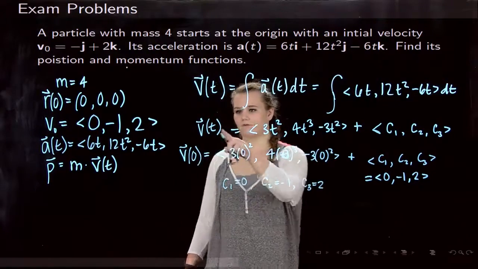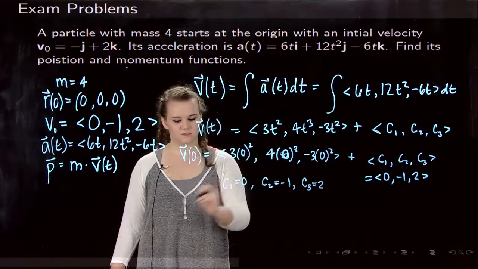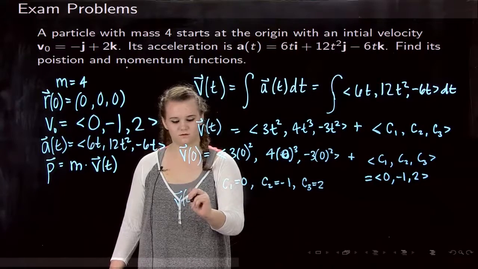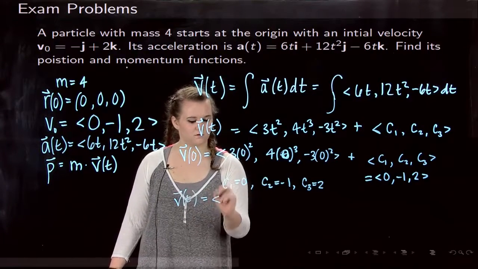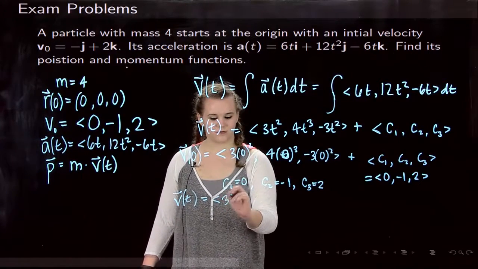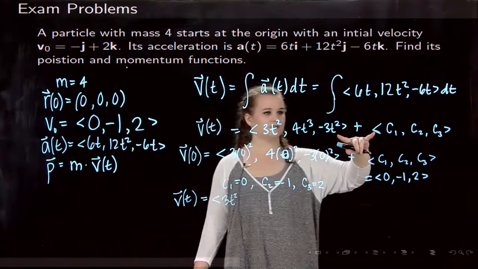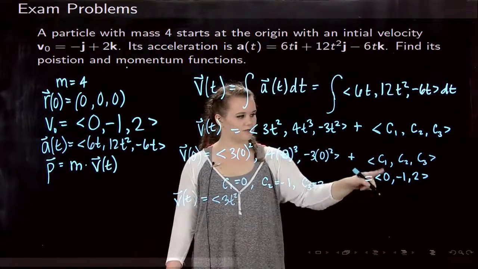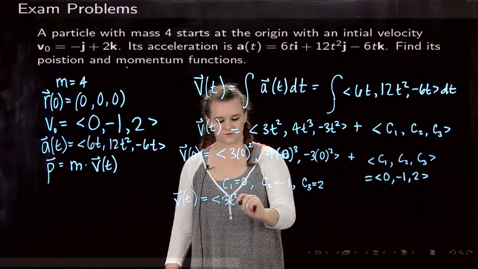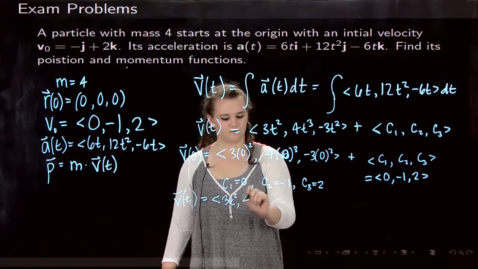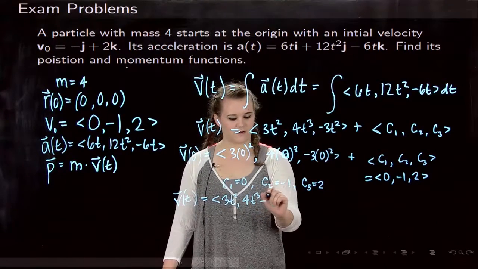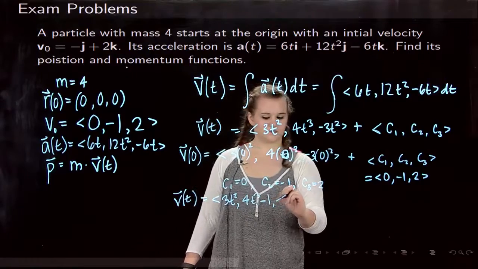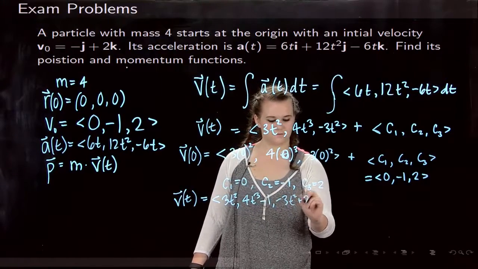Now we can rewrite our velocity function with our constants. So we have 3t squared, and I'm just going to combine these two vectors here. Because C1 is 0, it's just 3t squared, 4t cubed minus 1, and -3t squared plus 2.